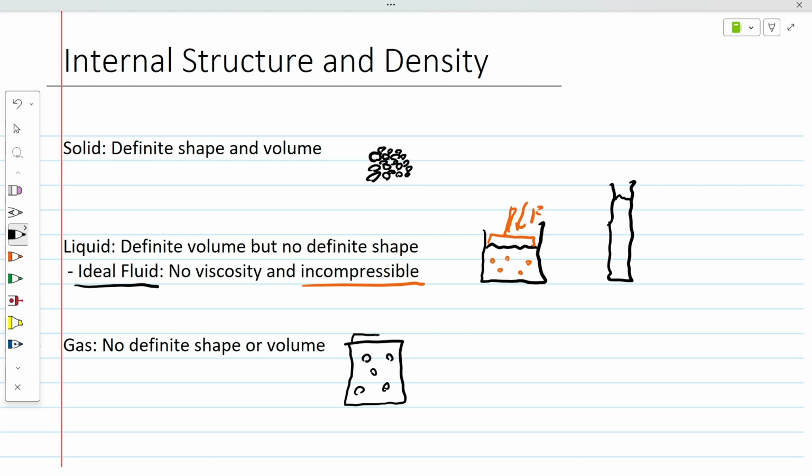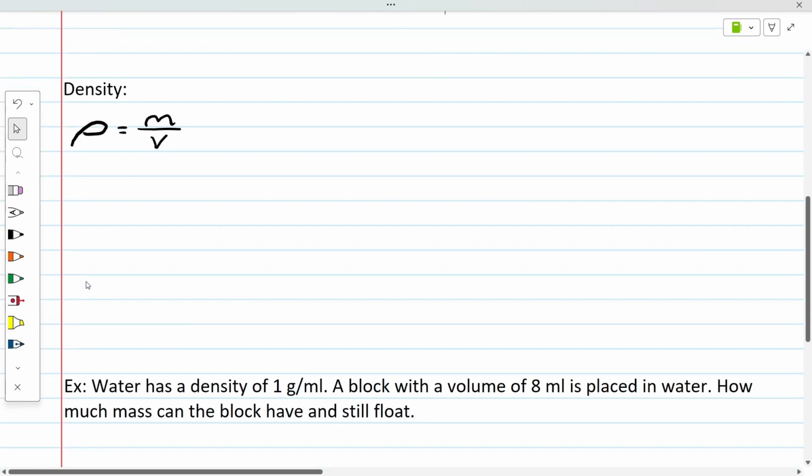So let's say we had a piston on a container like this, and we pushed it down to, let's say, here. Now the same amount of gas is going to be in here, but it's going to be pressed to a different shape and a different volume. And we'll denote this difference by the difference in pressure, and we'll talk more about pressure in the next video.